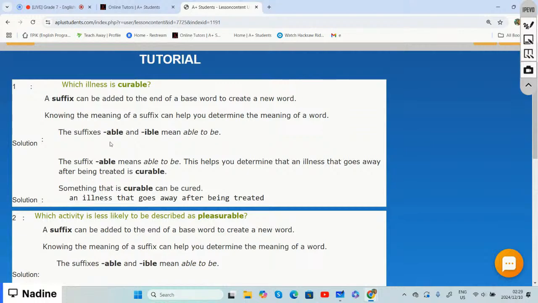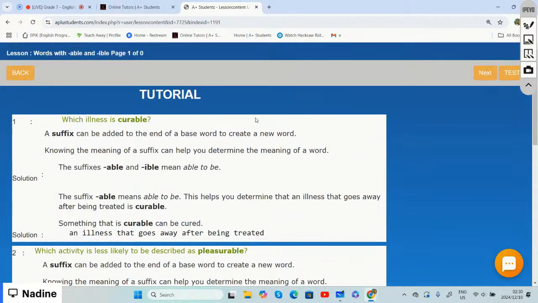Which illness is curable? So curable, being able to cure.